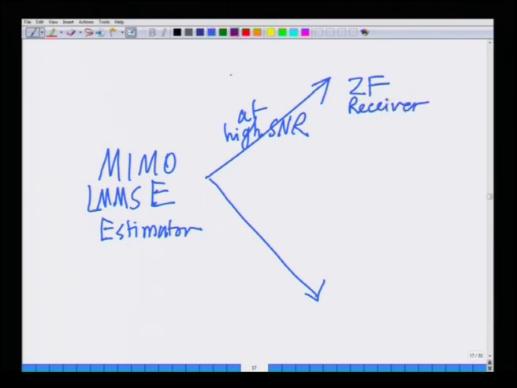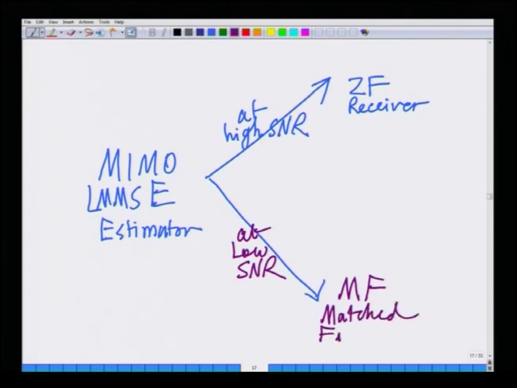At low SNR, it reduces to the matched filter, the maximal ratio combiner, but the maximal ratio combiner for a MIMO system, which is simply h Hermitian, the matched filter.